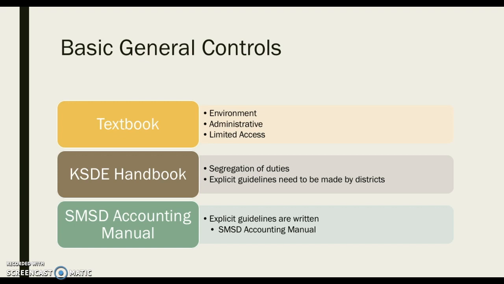For example, all activity fund records, including checkbooks and receipt books, are kept in a locked cabinet or vault when not in use. Cash and checks collected should be kept in a locked area until deposited, which was mentioned in the previous slide as a preventative measure. It should be noted that when a Shawnee Mission School District administrator is following guidelines laid out in the manual, then they're creating a transparent business environment that all within the community can trust.